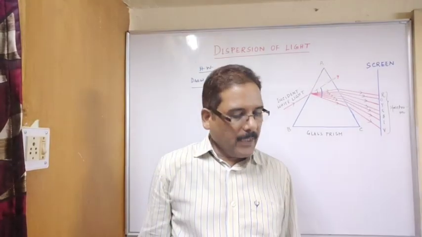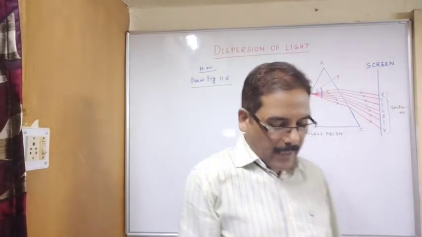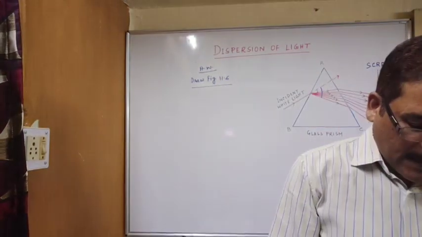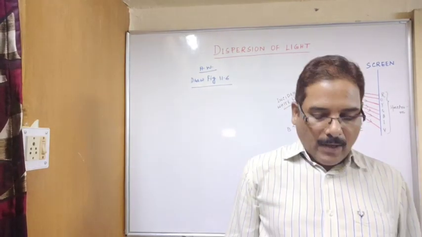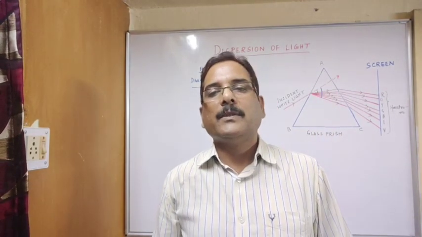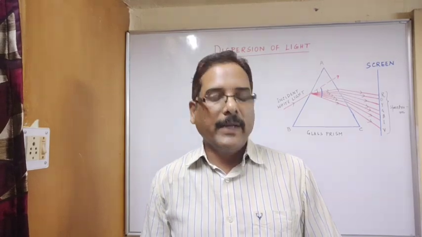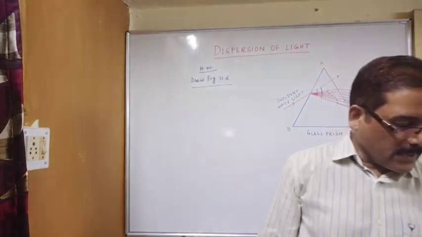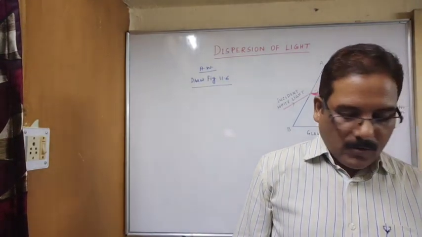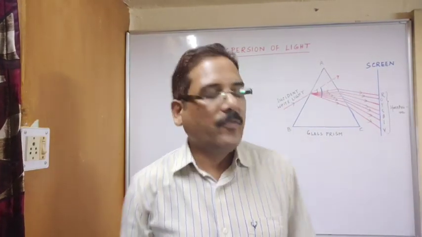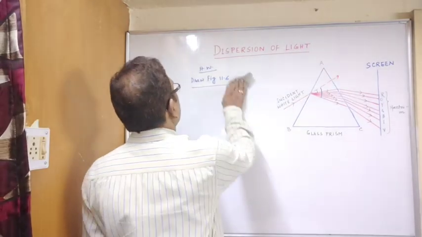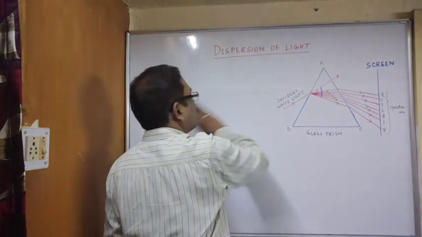Now students, one important topic is left in this chapter, that is the formation of a rainbow. Formation of a rainbow is a natural evidence of dispersion of light. So write a question: how does a rainbow form?